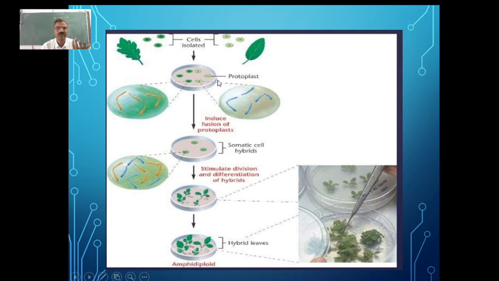cellulase, the cellulose digesting enzymes, and then the protoplasts are exposed and both the protoplasts are brought together in this case. You can see they form the somatic cell hybrids, and they develop into this one, the one with both the tomato and also potato characteristics.